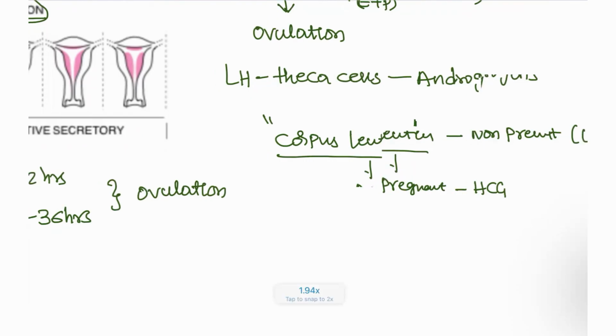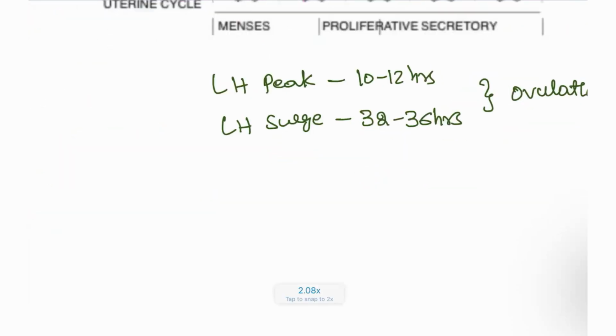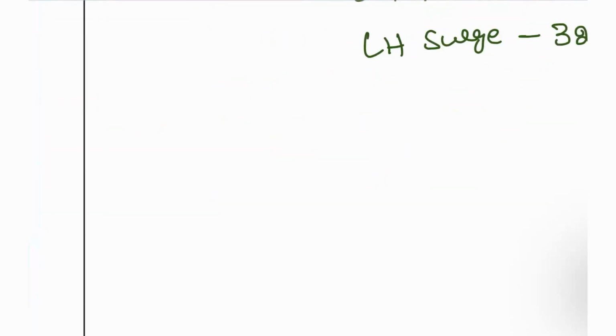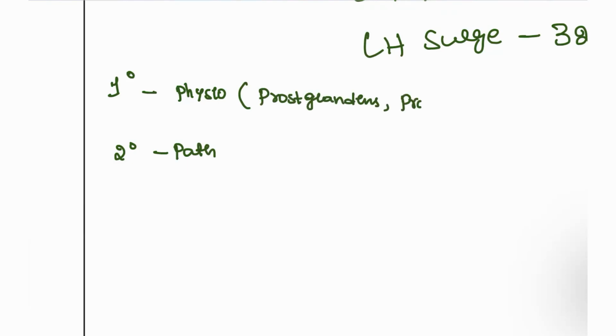Next, moving on to the disorders related to the menstrual cycle. First, we are going to see dysmenorrhea. So we have the primary type and the secondary type. Primary type is physiological and secondary is pathological. Physiological is mostly due to prostaglandins and due to the sudden withdrawal of progesterone.